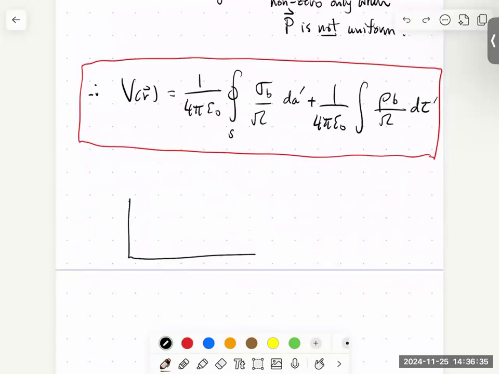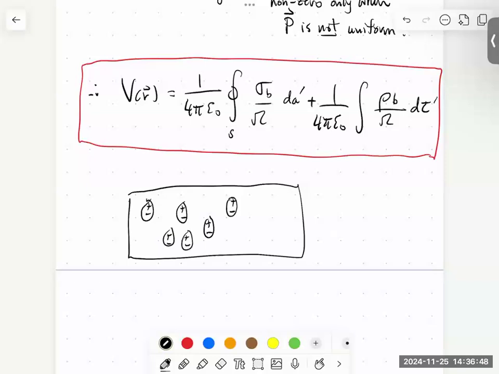If I take my polarized slab that's between the plates of a capacitor, and draw a bunch of these polarized, say, neutral atoms that make up whatever this material is, Teflon or something like that, then, like we said before, a lot of these positives end up canceling with interior negative charges, but you end up with some positive surface charge here and some negative surface charge over here.